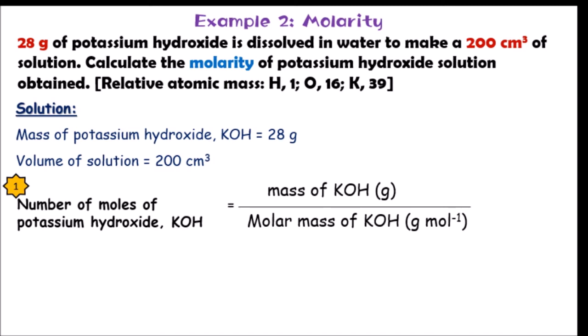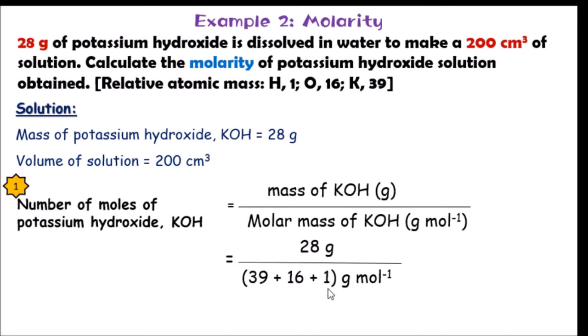The mass of potassium hydroxide is 28. Molar mass of the potassium hydroxide, you need to add in all the molar mass. And remember, the unit of molar mass is gram per mole. 28 gram divided by, bracket, 39 for K, oxygen is 16 and hydrogen is 1.